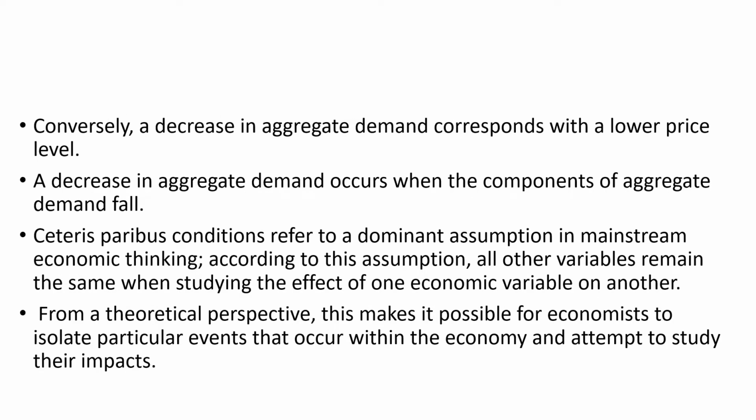On the other hand, if there is any decrease in any of the components of aggregate demand, then that will lead to a fall in aggregate demand. And a decrease in aggregate demand corresponds with a lower price level in the economy.